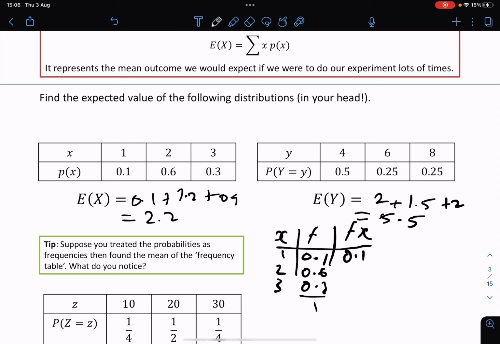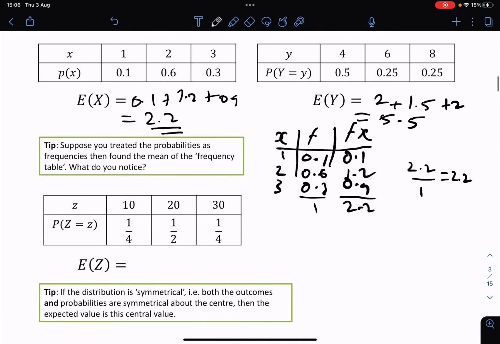Then you get 0.1, 1.2, 0.9, which gives you 2.2. And 2.2 over 1 gives you 2.2. So you're actually going to get the same exact thing as you did over here.